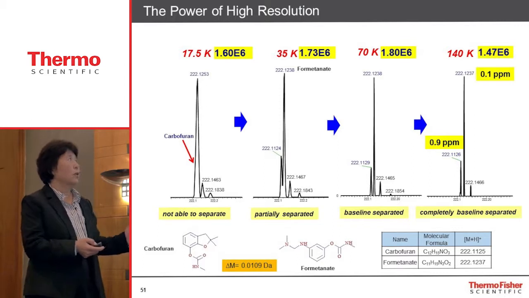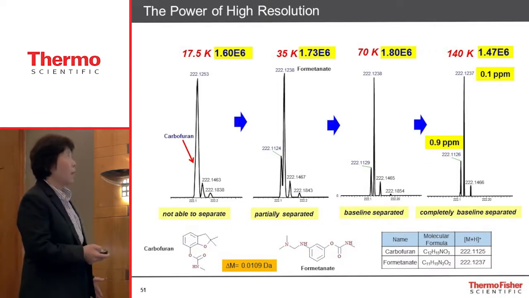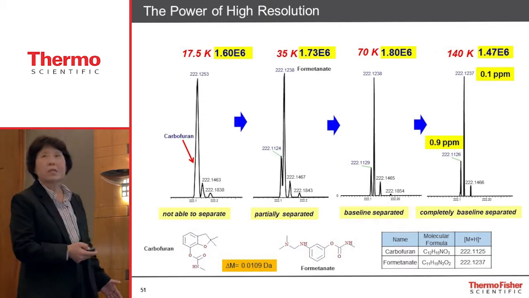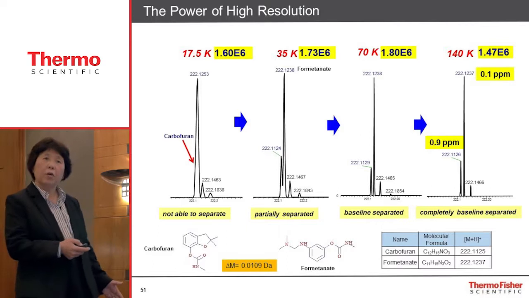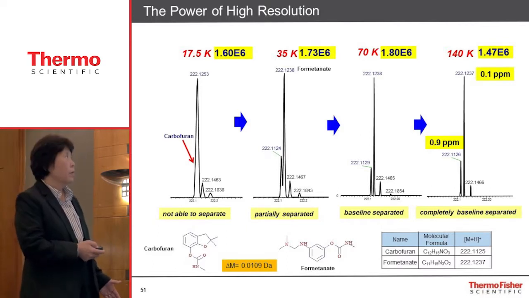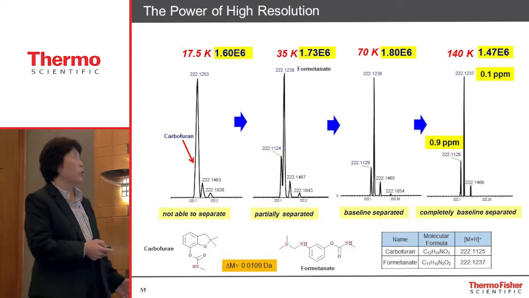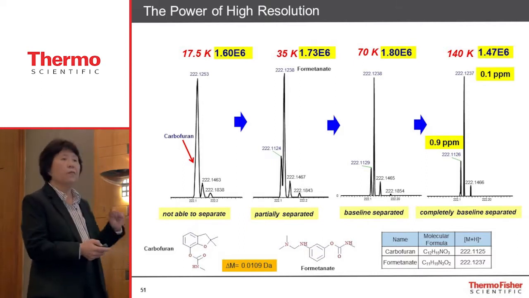At 140,000 resolution, they are completely baseline separated, also with sub-ppm mass accuracy. On top of that, you didn't sacrifice any intensity, which is very important when you do high-resolution quantitation. By the way, this was acquired by the Q-Exactive. We call the Q-Exactive a quant machine; you can do high-resolution quantitation very easily.